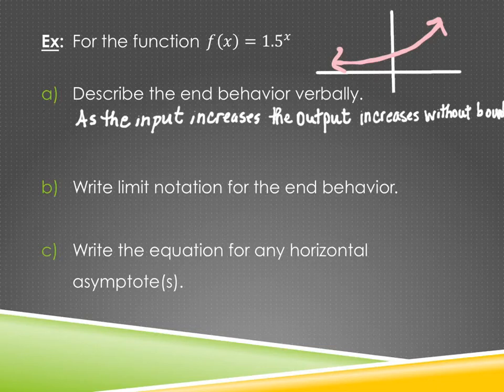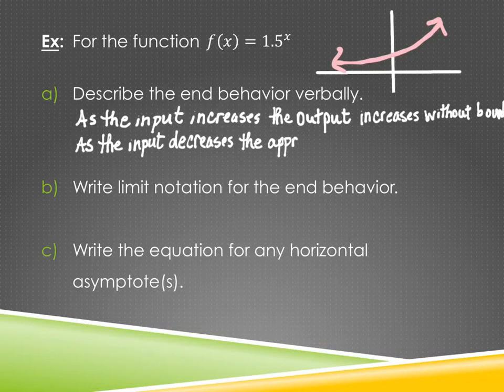Now we need to talk about the left-hand side. As the input what? Decreases. So it goes left forever. So as the input decreases, what does the output do? Good. That's fantastic language. Yes, the output, oh, I got ahead of myself.